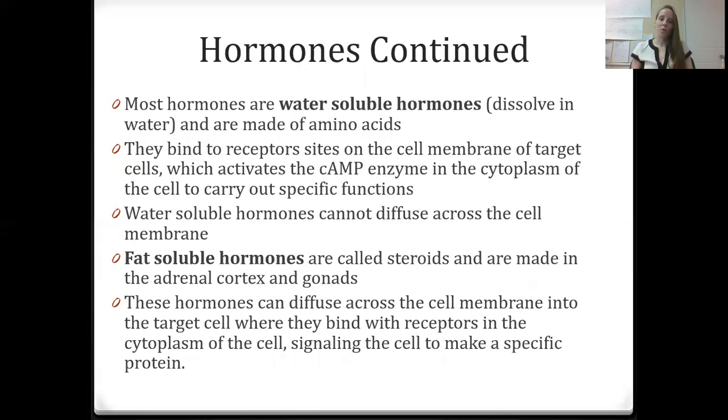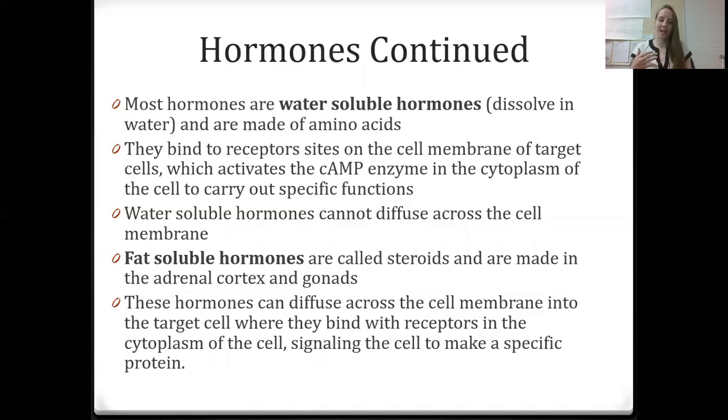Most hormones are water soluble, which means they dissolve in water, and they're made up of amino acids. They're going to bind to receptor sites on the cell membrane of the target cells. That is then going to activate an enzyme in the cytoplasm of the cell to carry out a function.